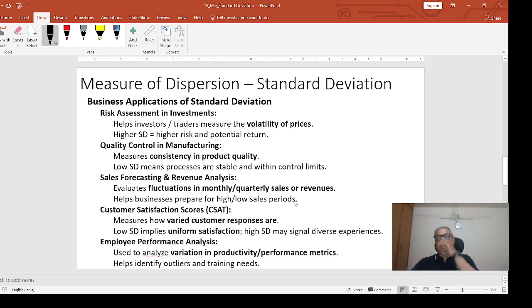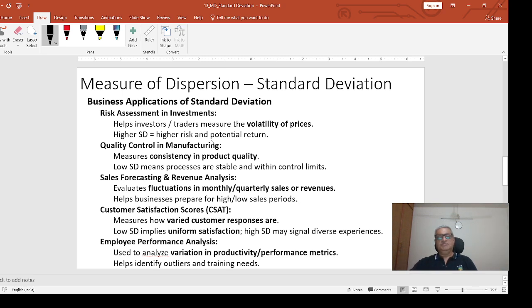In the next slide, let us quickly go through some business applications. So where would we need standard deviation, and some real-time applications. Okay, so it would help to do risk assessment for investors or traders, right?